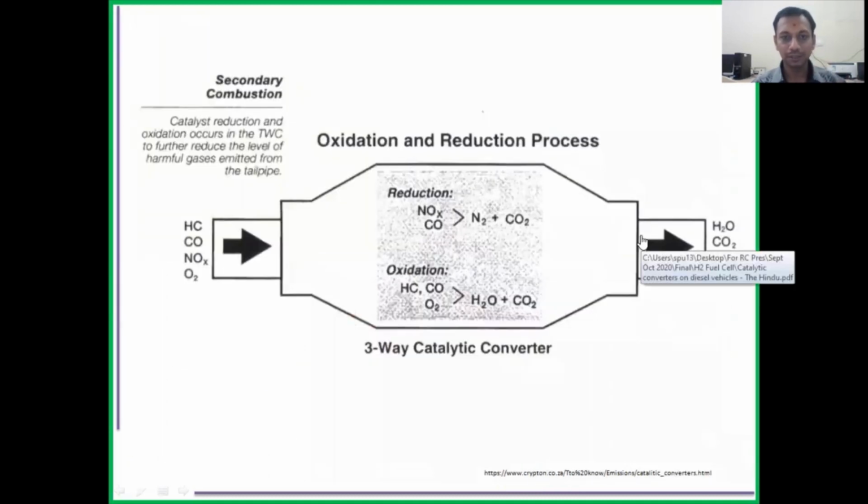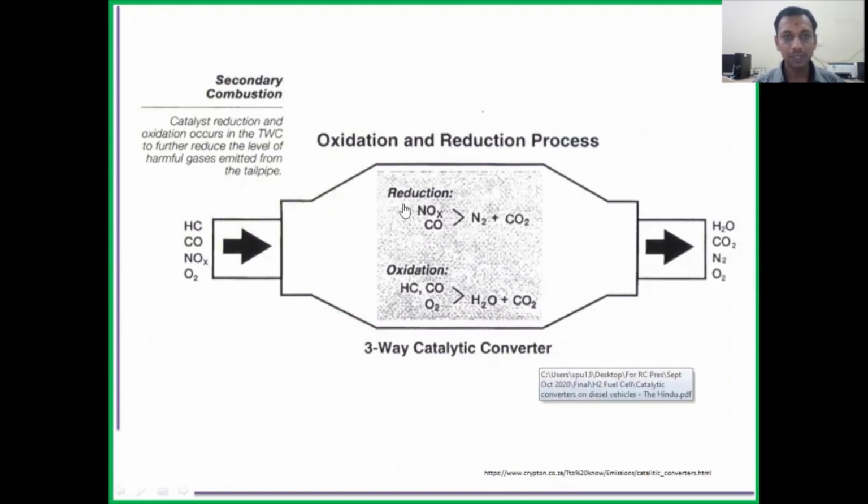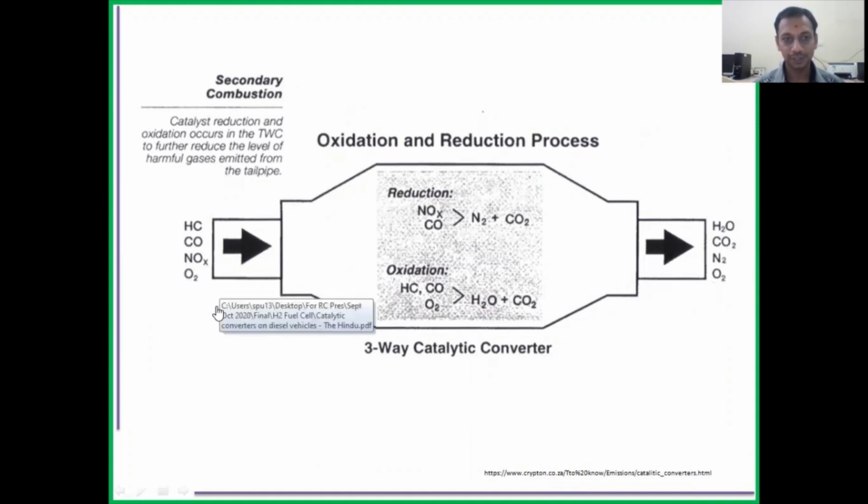These nanoparticles are present in the three-way catalytic converter. By using these nanoparticles, meaning nanocatalysis, we can get very good results at the end in the form of H2O, CO2, nitrogen, and oxygen. So these important gases we can get from hazardous gases. These are all hazardous, and by converting them to useful gases, we can. This is a very good concept of catalytic reduction and oxidation.